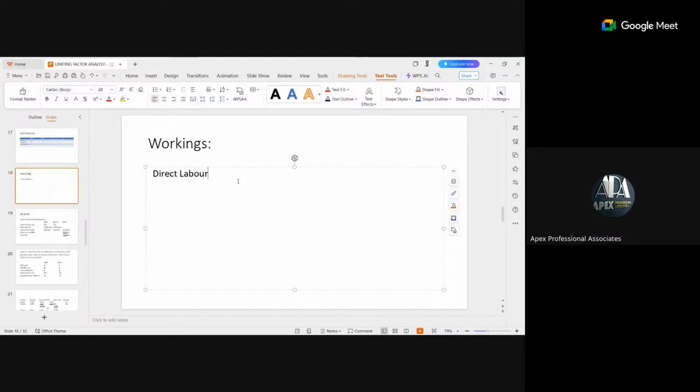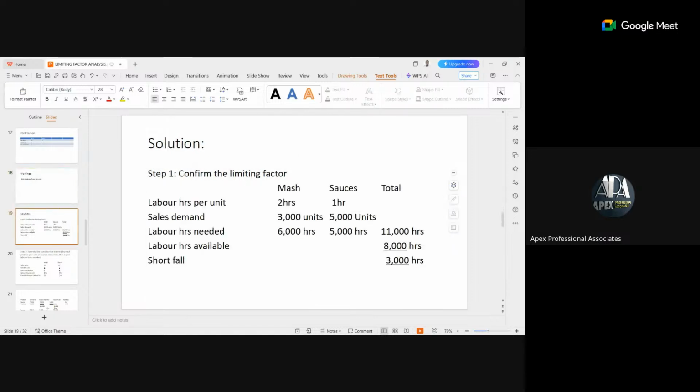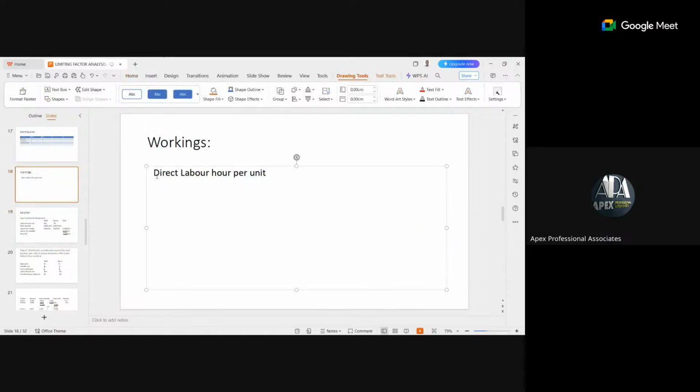Let's see. Labor hours per unit. So for mesh, it will be 6 divided by 3, and we have it as 2.